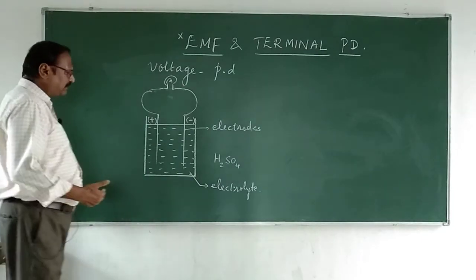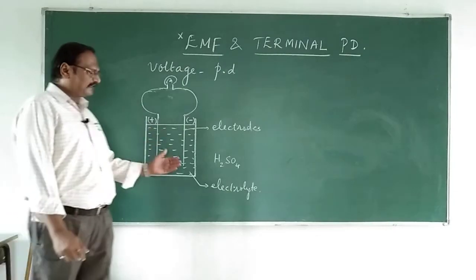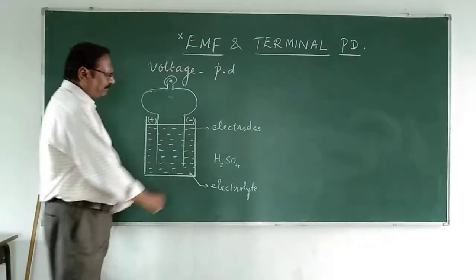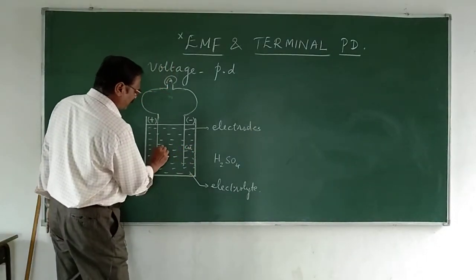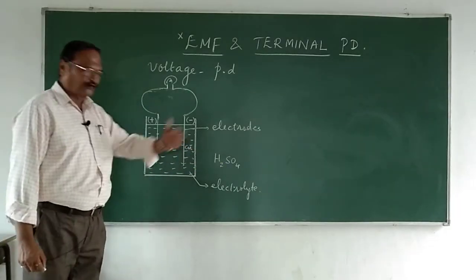In one electrode, reduction will take place, and in the other, oxidation will take place. We can take, for example, simple plates of copper and zinc, two different metals, with H2SO4.